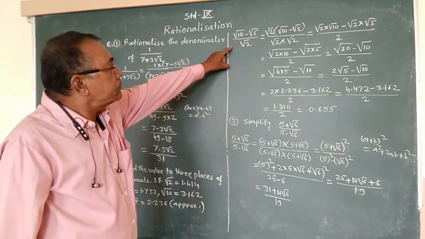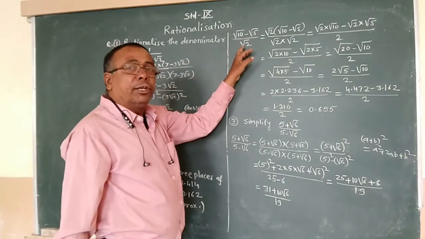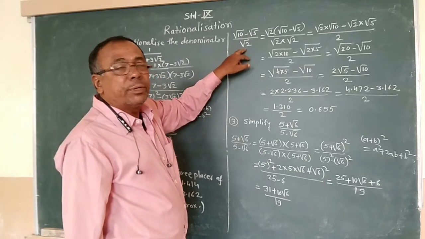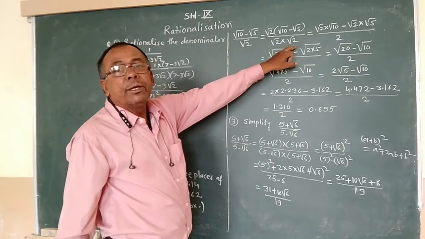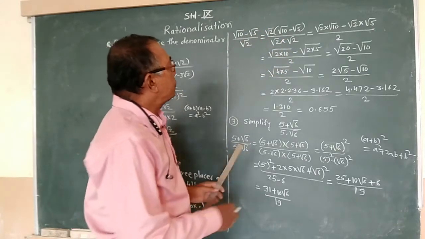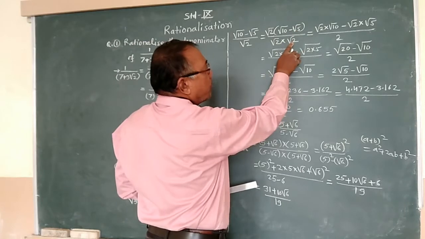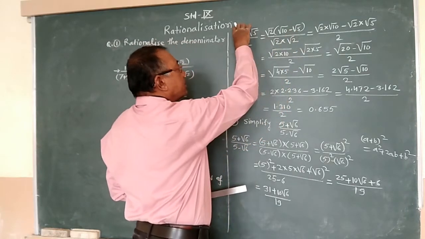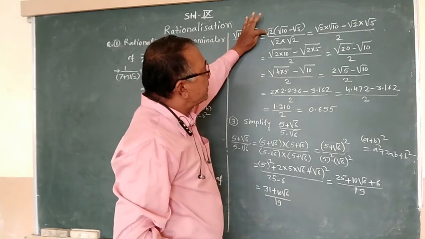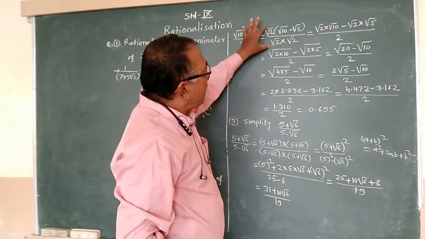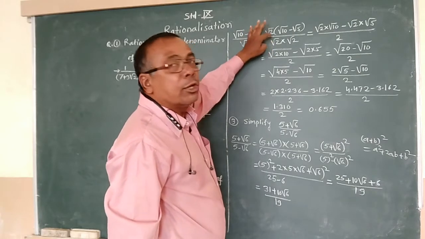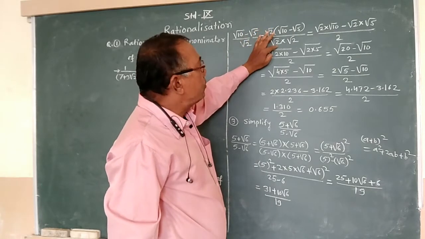Here, at the denominator, an irrational number, that is root 2, is given, so we must multiply the numerator as well as the denominator by root 2. So root 10 minus root 5 upon root 2, I have written the given expression as it is, and the numerator and denominator are both multiplied by root 2.